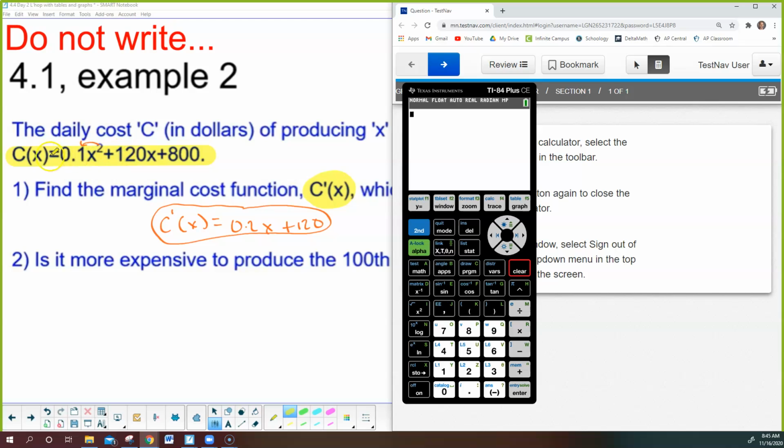All right, without a graph, now you don't have to plug it in Y1. You could if you want to. Let's say I don't want to here. So what if I just go to a blank screen and I go math, option 8. Then we're going to put X in the bottom. And then I want you to type in the equation exactly the way it looks, the original equation.